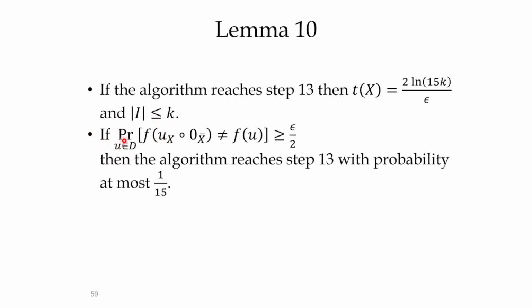If the probability, using d of f of u subscript capital X concatenation 0 subscript capital X bar not equal to f of u, is greater or equal to epsilon divided by 2, then the algorithm reaches step 13 with probability at most 1 divided by 15.